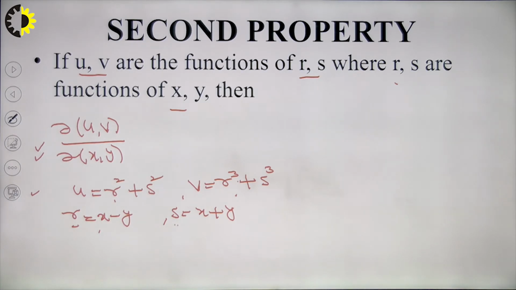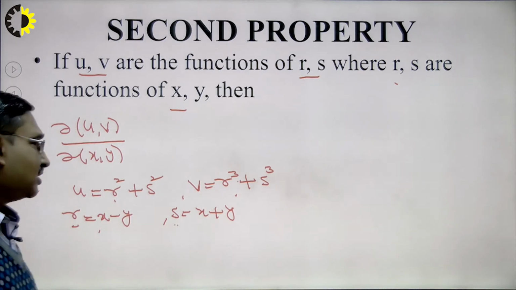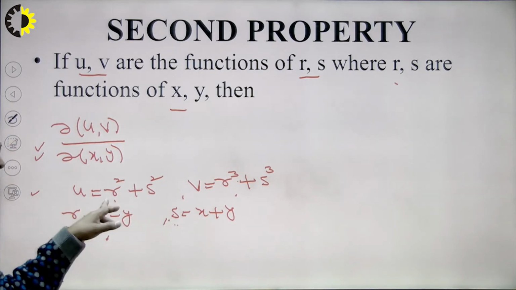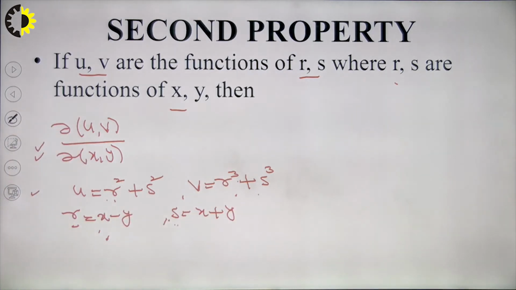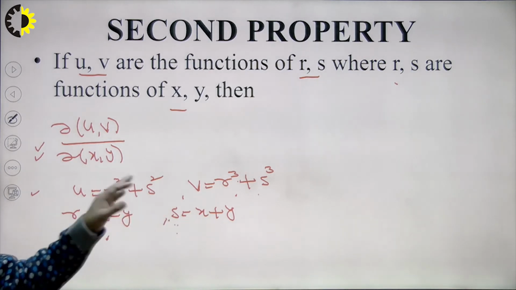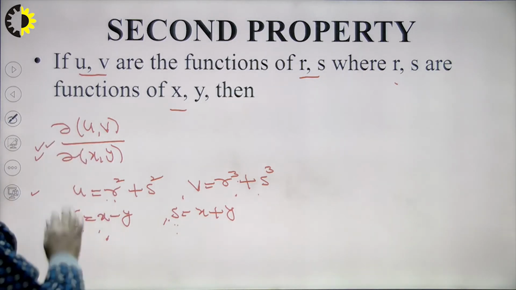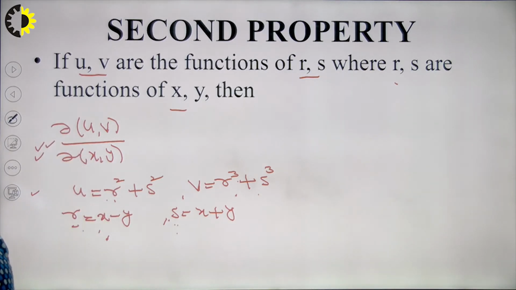Here we are going to understand that it is not necessary to substitute r and s exactly in this u and v. Without substituting these values of r and s in u and v, that is without converting u and v into x and y, we can still find this Jacobian del u v over del x y.